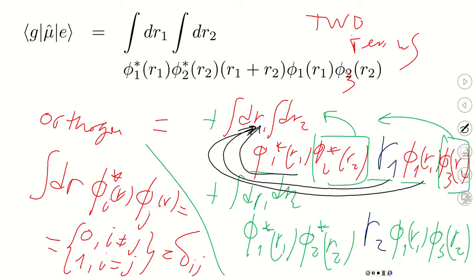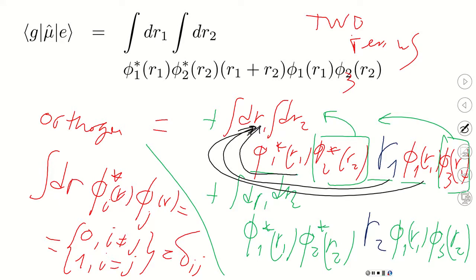So first term when we will keep only R1, second one when we will keep only R2. But the rest of expression will stay the same, both integrals, right? And if we would have 10 or 100 electrons, it will be 10 or 100 terms. And we all believe that we are using good orbitals, which are orthogonal.